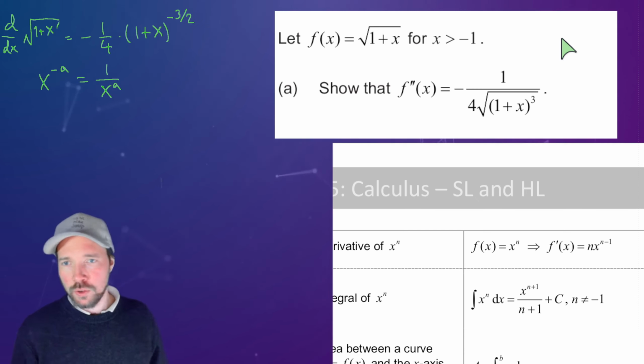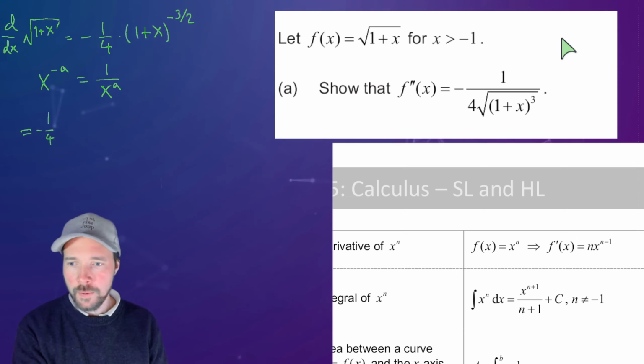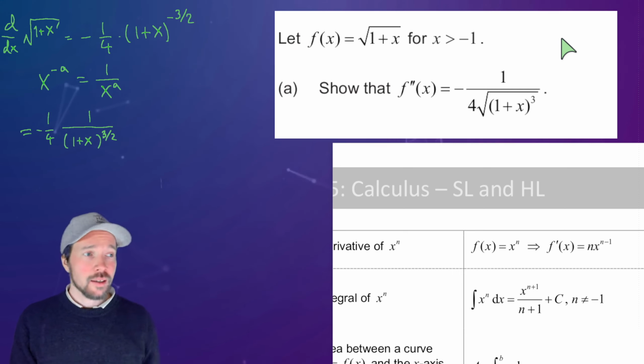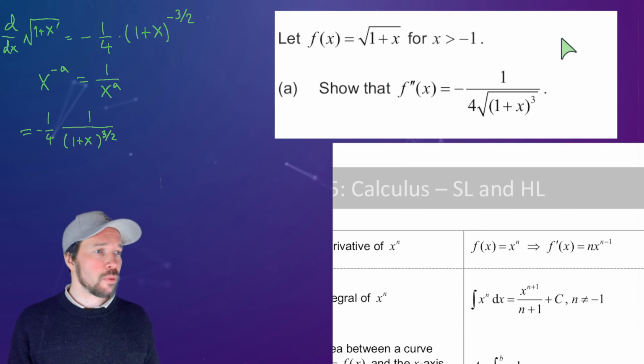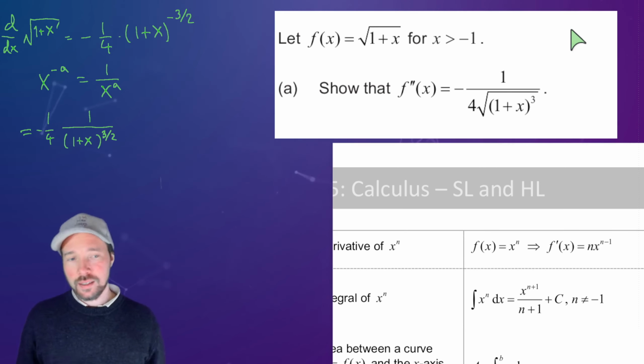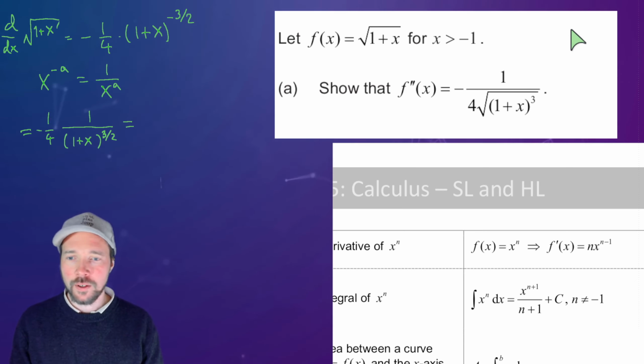And using this rule, we basically realize that our thing equals minus 1/4 times 1 over 1 plus x to the power 3/2. And then, because we need to bring it into the form where there is a square root, we have already a half here in the exponent, and remember that something to the power half is the same thing as square root, so we just need to transform this into the form of having a half in the exponent.